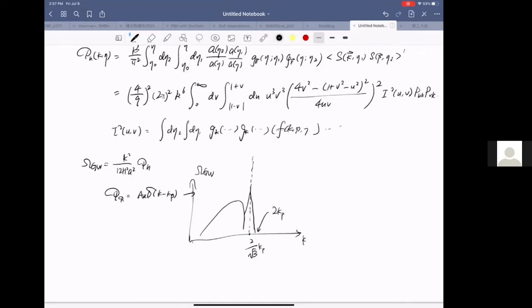In some sense, it is a kind of fake divergence because you cannot have an infinitesimal width of the peak in the curvature perturbation. This is not so correct.